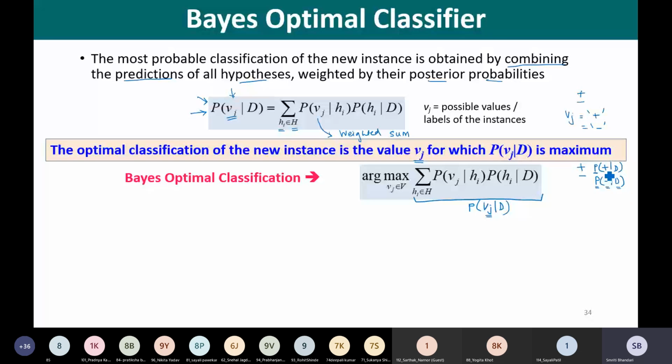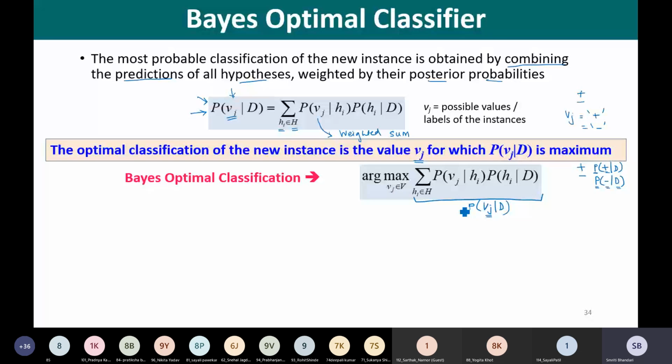Once we have all those quantities, what we do next is apply this argmax. We classify the sample with class Vj for which this probability is maximum, right?